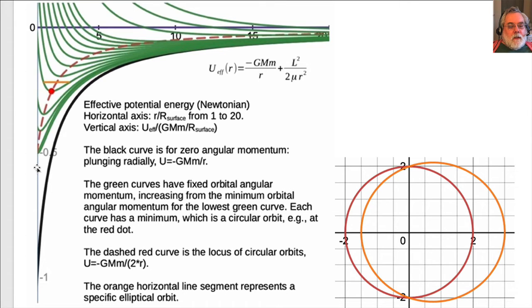So this would be an object that was orbiting just slightly higher than the surface. Each of these green curves has a minimum in the curve. You could see a minimum, a minimum, a minimum. Each of those minima is the circular orbit for that green curve, for that angular momentum.